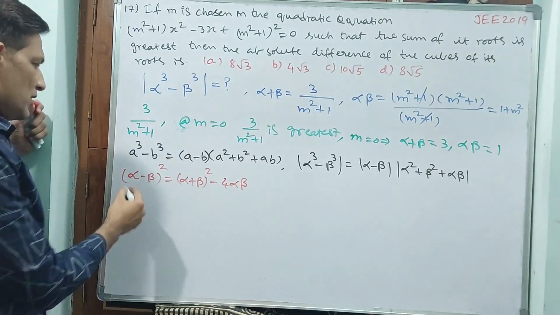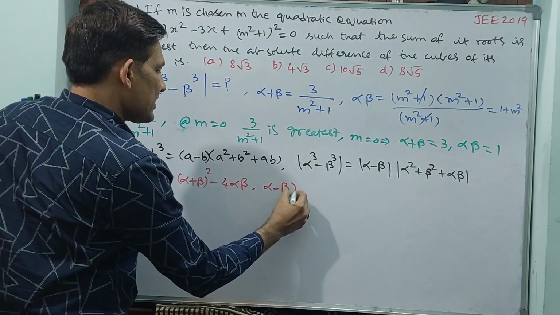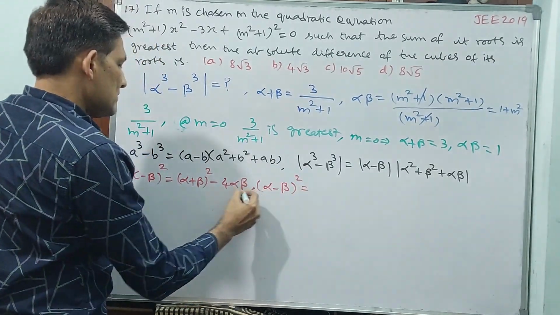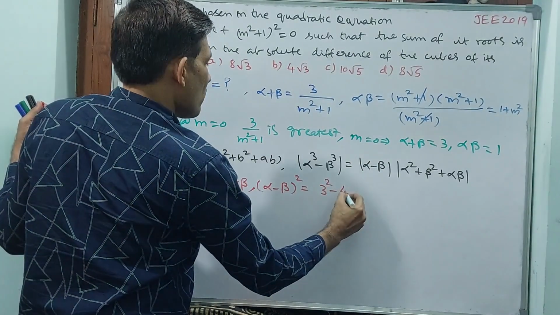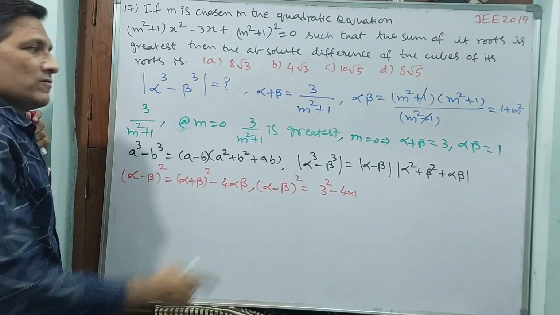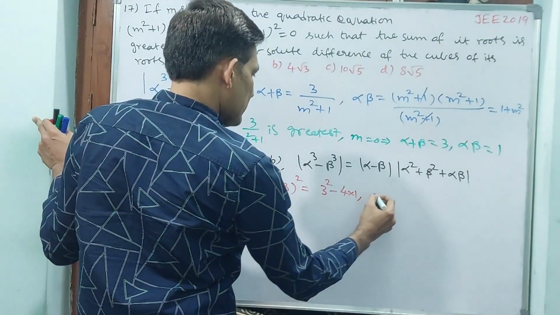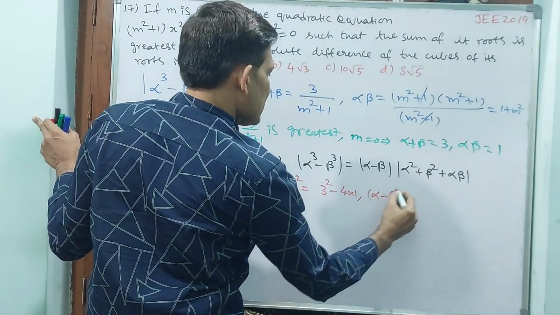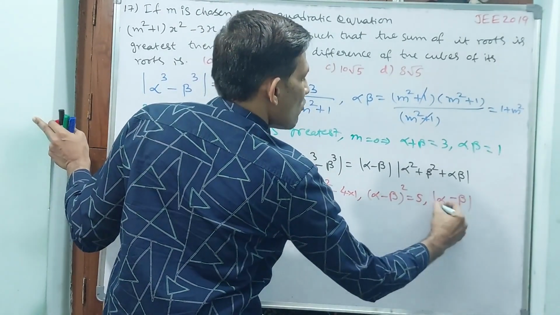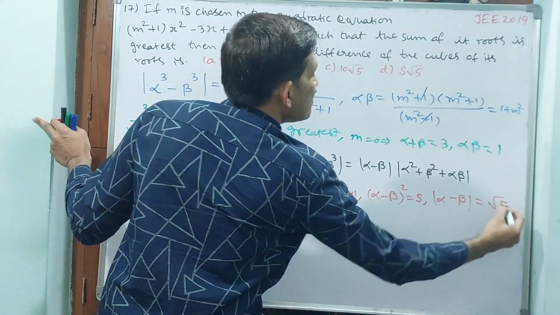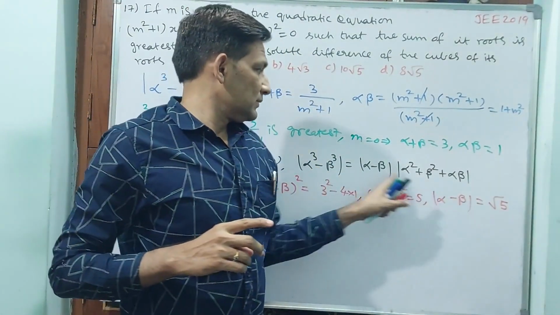Now alpha minus beta whole square is equal to 3 square minus 4 into 1, that is 9 minus 4, 5. So alpha minus beta square is 5, or alpha minus beta modulus is equal to root 5. That means this value I have got, root 5.